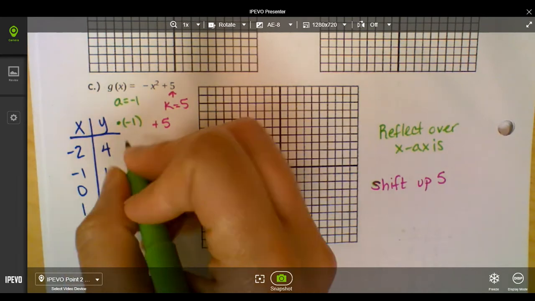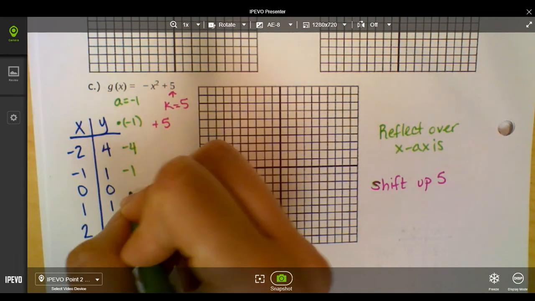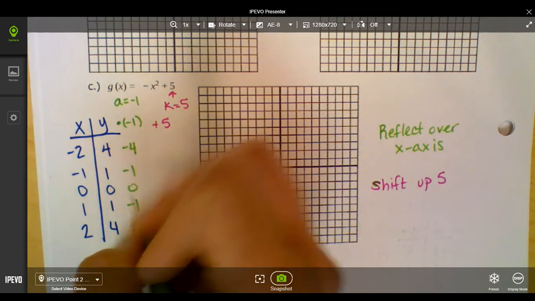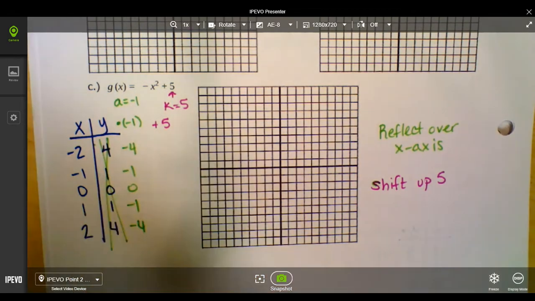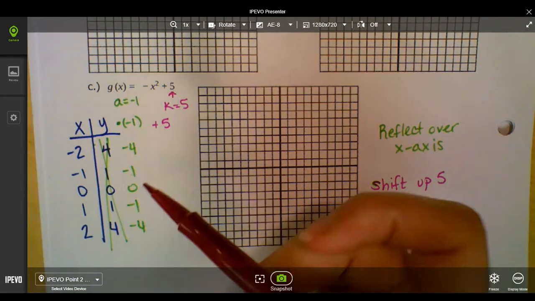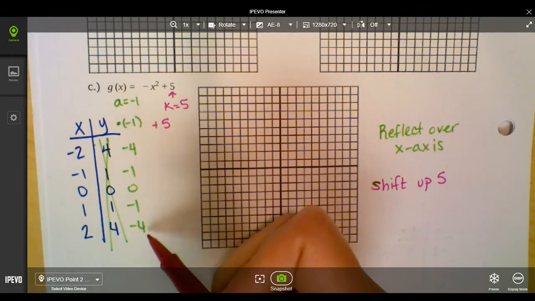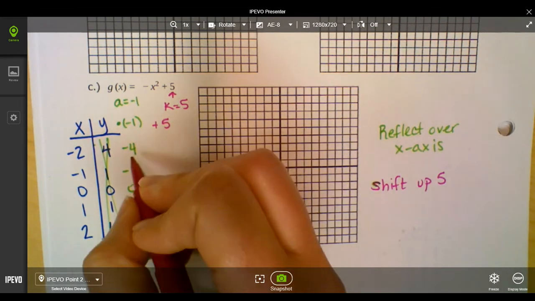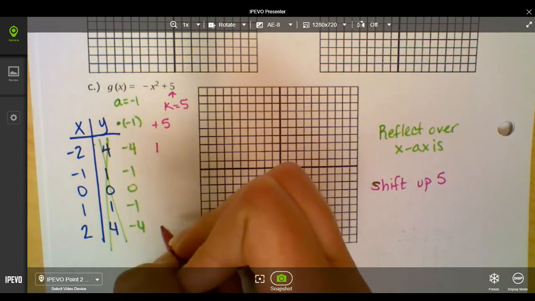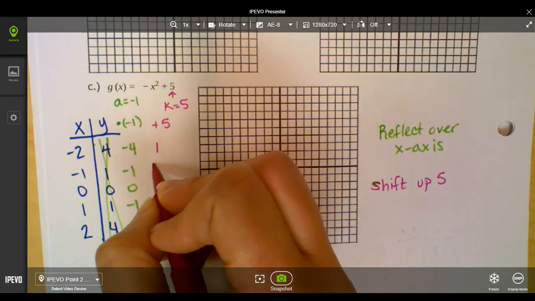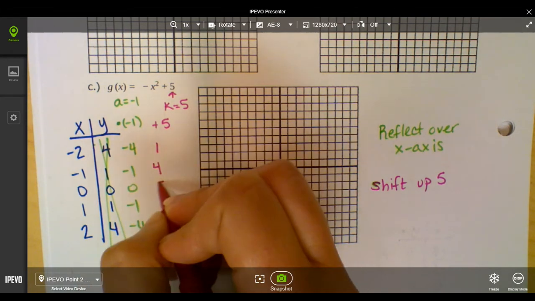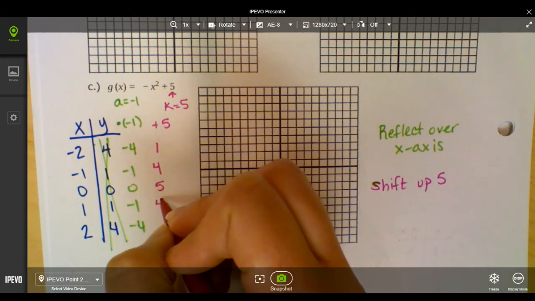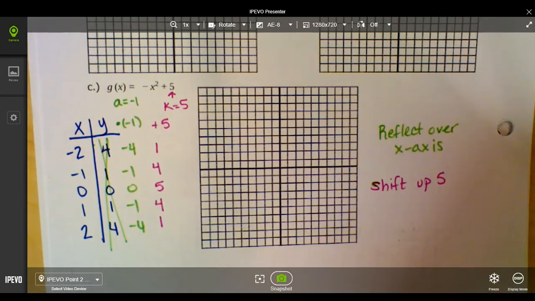So when I multiply each of these by -1, they just all turn negative. And then I'm done with these. I'm not going to graph those anymore. And now I'm going to take these values and add the 5. So I'm going to have -4 plus 5, which is 1, -1 plus 5, which is 4, 0 plus 5, which is 5, -1 plus 5, 4, -4 plus 5 is 1.